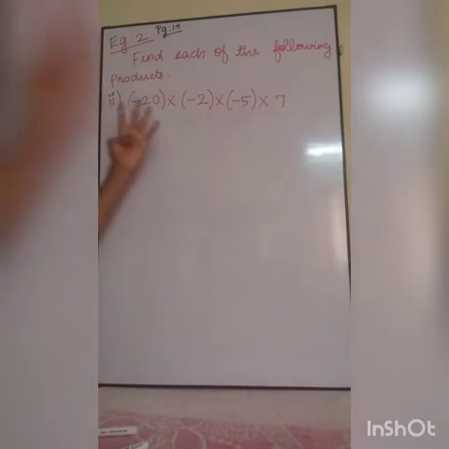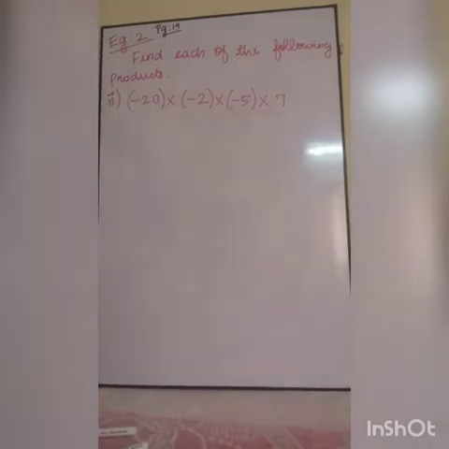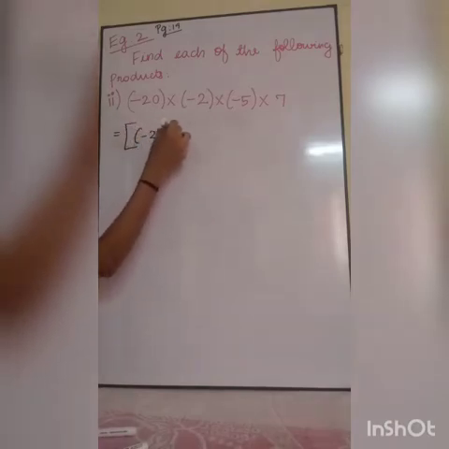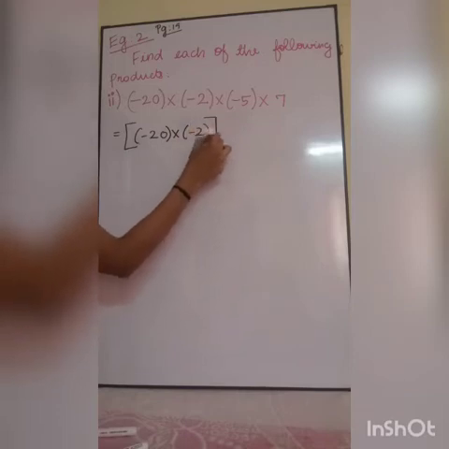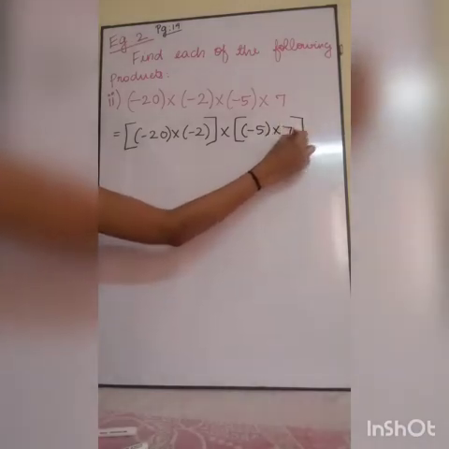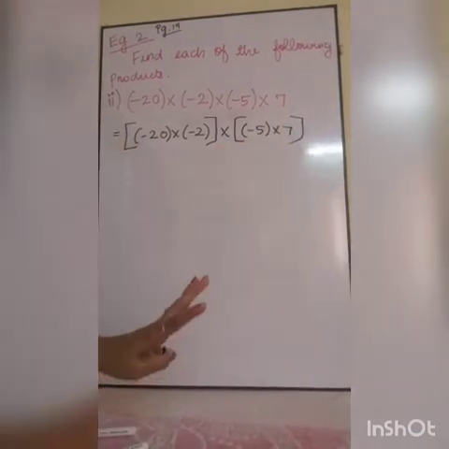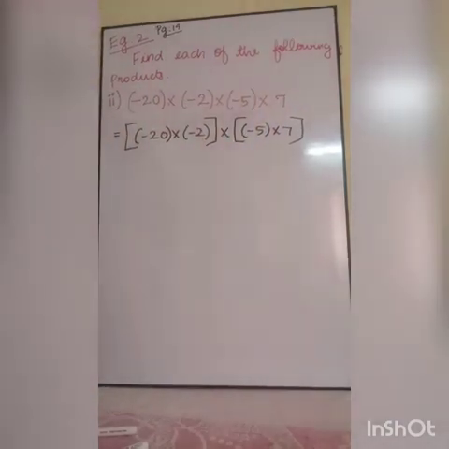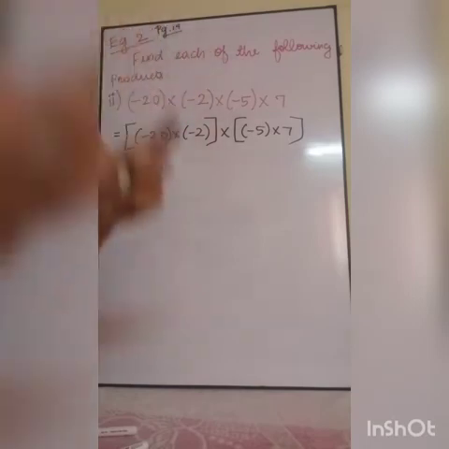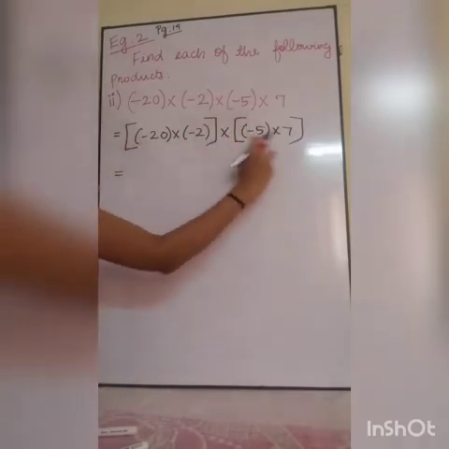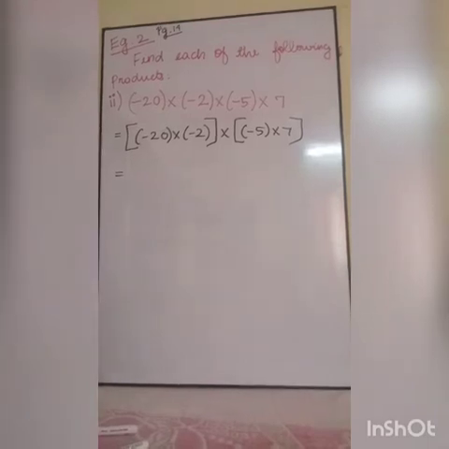Here we have 4 numbers, so you combine 2 and 2. I am going to combine these 2 as one set and these 2 as another set. Or you can combine this and this, or this and this, anything. I am combining 2, that's all, no other confusion. I multiply this first, then this, and with those answers I multiply the final answer.